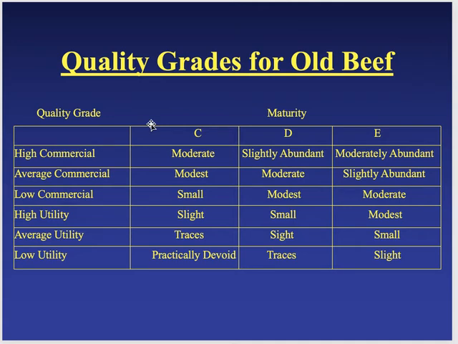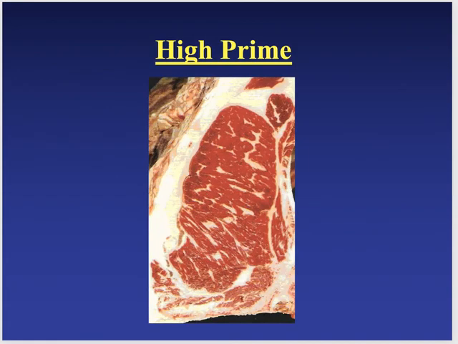When you look right here at the E's with really slight marbling, not a whole lot there, you're going to be low utility. This one right here is probably the worst carcass you could have. None of these you would probably ever see in a grocery store except in ground beef, a further processed type setting. Now let's go through and look at a few of these and talk about them.